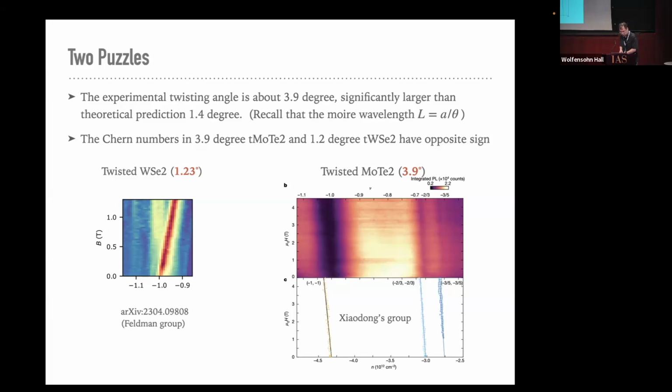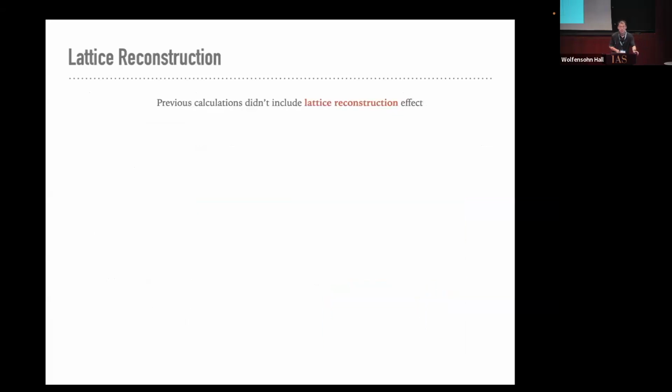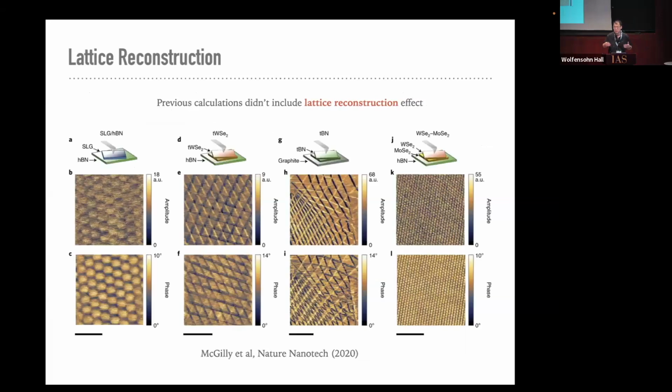Okay, so what we found is that the lattice reconstruction is actually extremely important in how to describe the system properly. We all know that if you put these van der Waals heterostructures to a twist, you can see all kinds of beautiful patterns, including very strong lattice reconstruction.